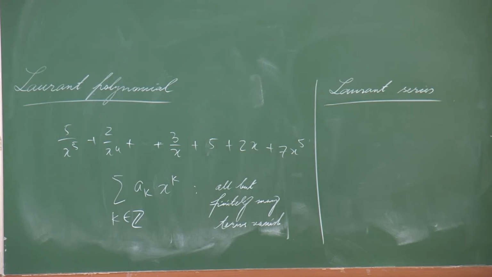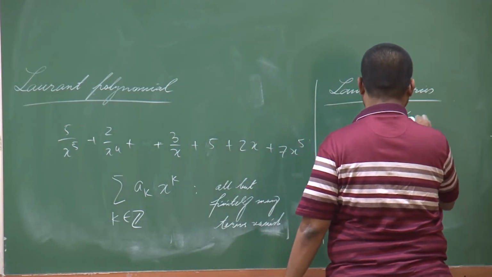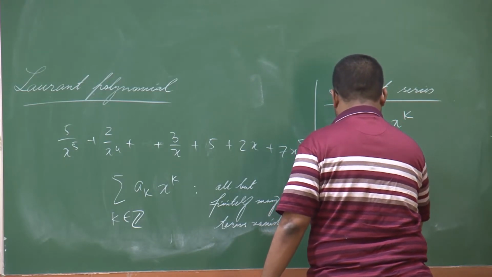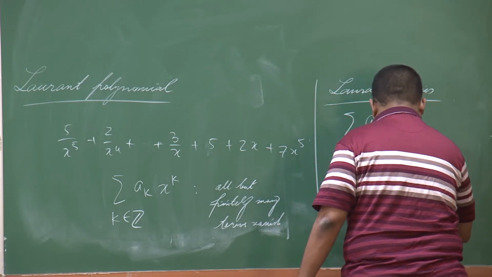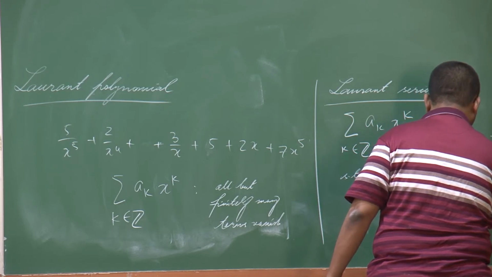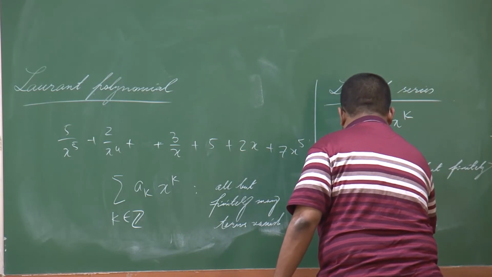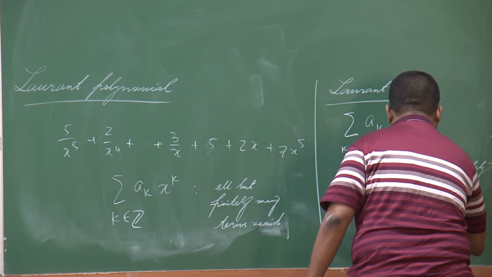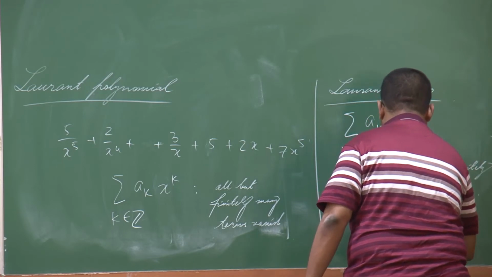So, basically it is something of this form, such that for all but finitely many negative integers k, a_k has to be 0.